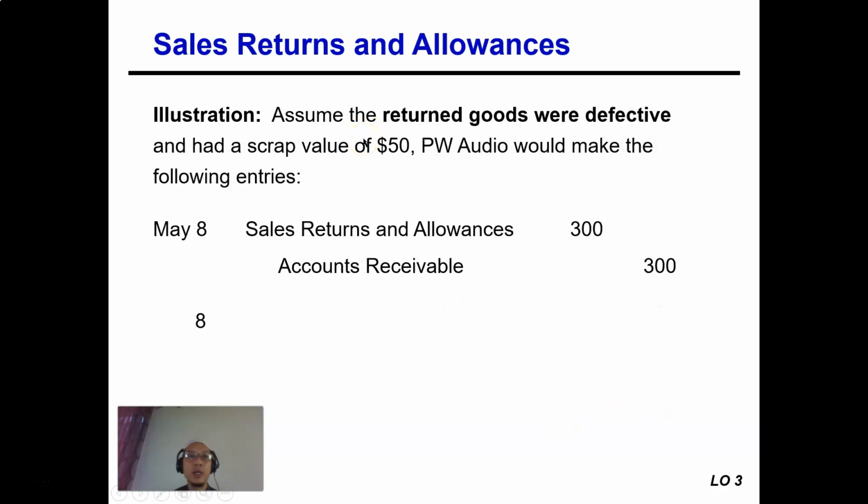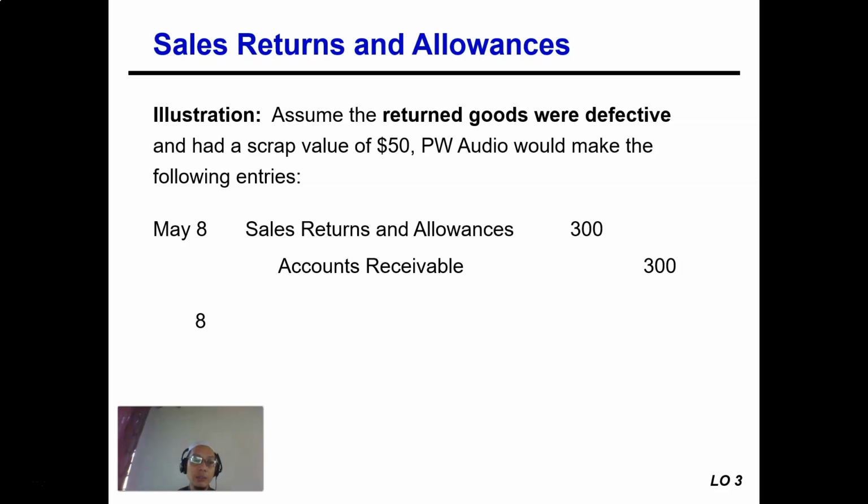Assume that the items were returned but were defective. If the items were defective, then we should not increase our inventory account by the same amount, because the value of the item is much reduced due to the defect. It's not working properly.